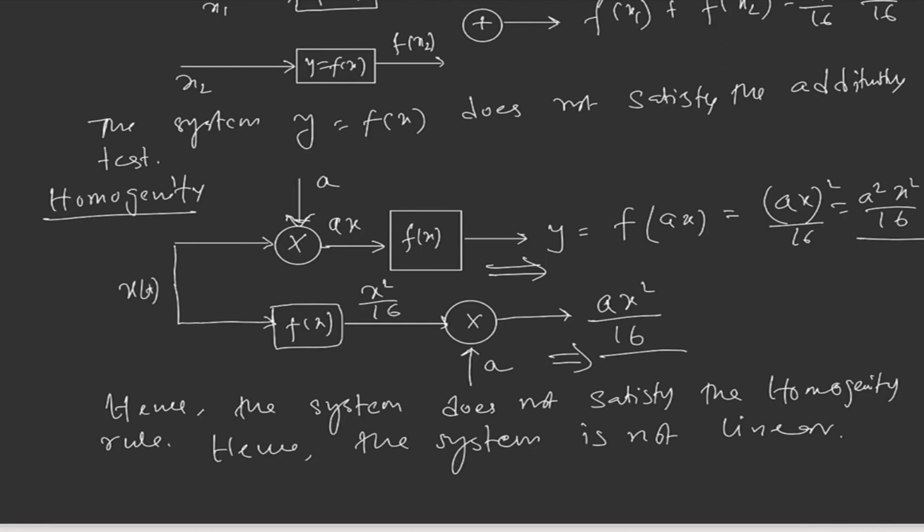So now we can test whether the system is linear or not. But there is another condition that also needs to be satisfied before you design control synthesis. So through the above test, we can say whether the system is linear or not.